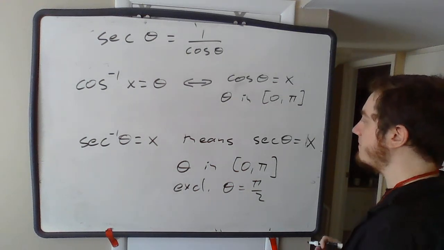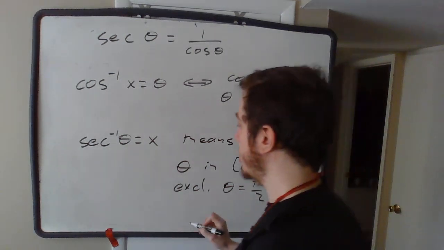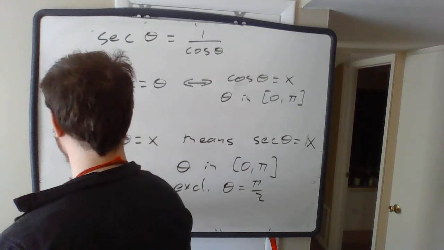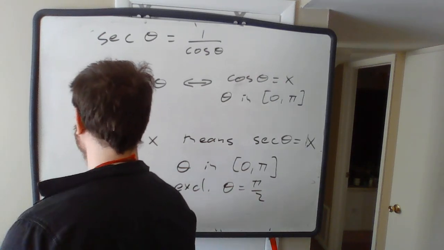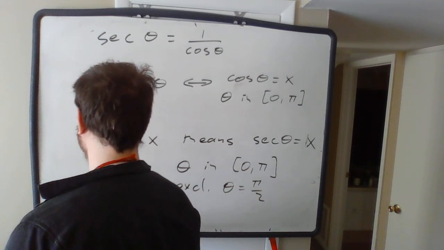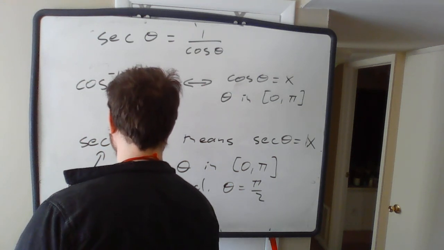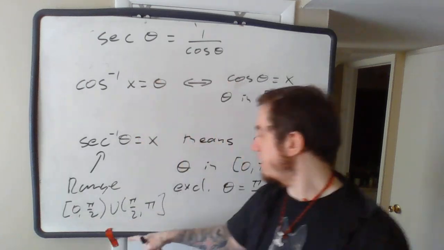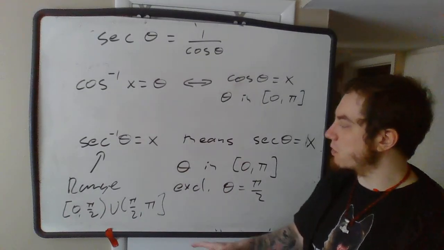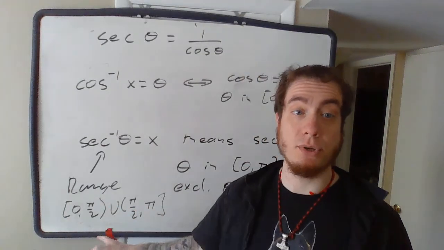So actually, the range is going to be 0 up to pi over 2, unioned with pi over 2 to pi, and it'll include 0 and pi, but it will not include pi over 2.